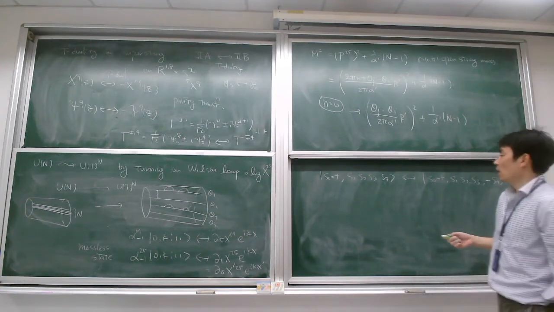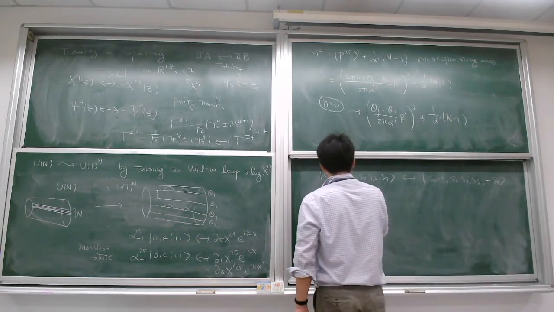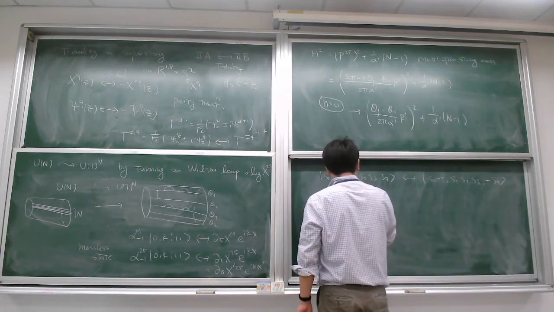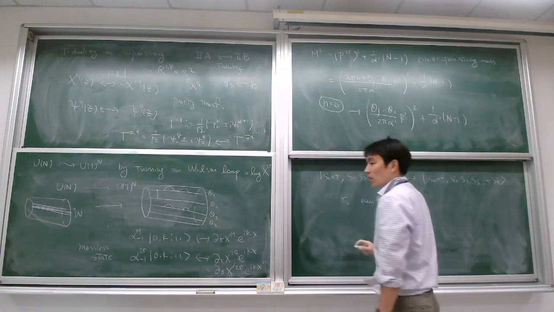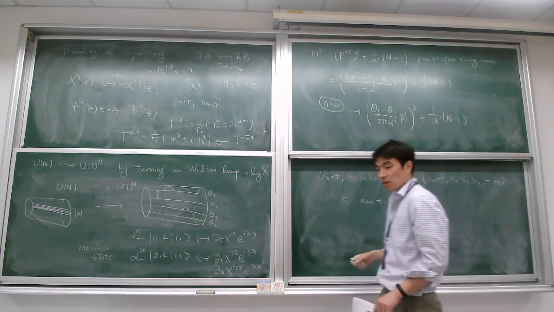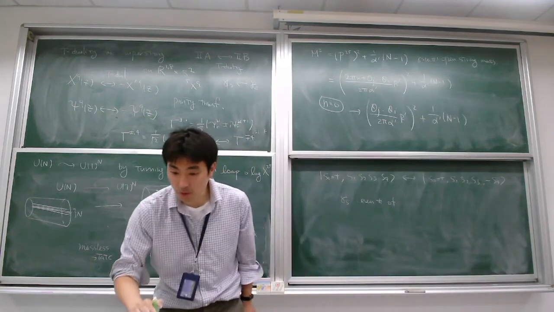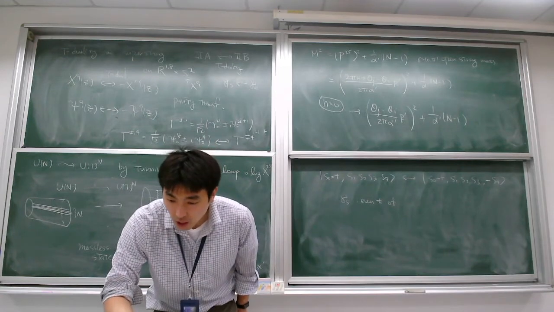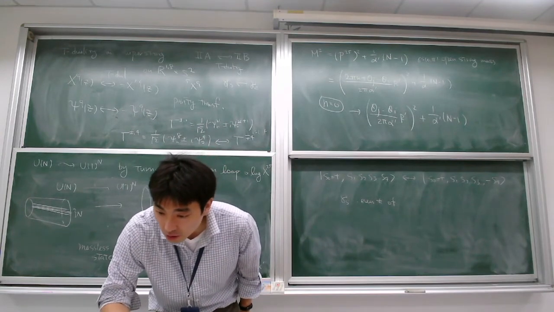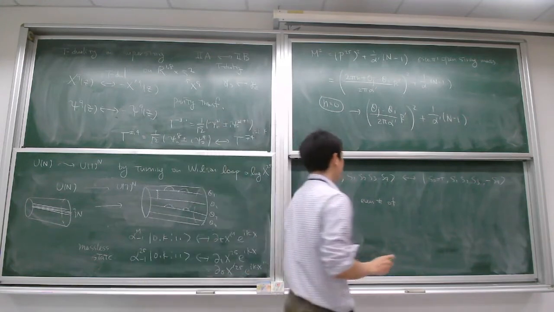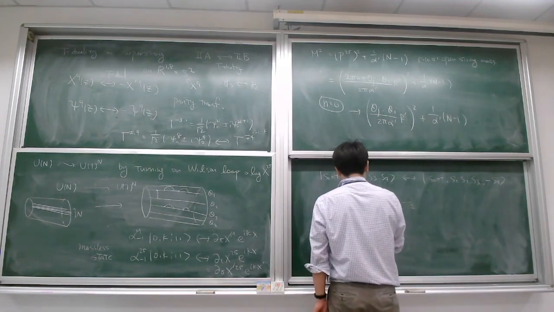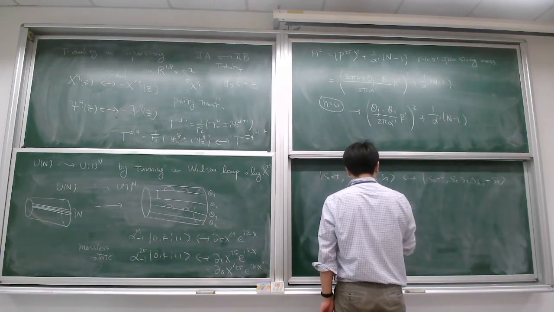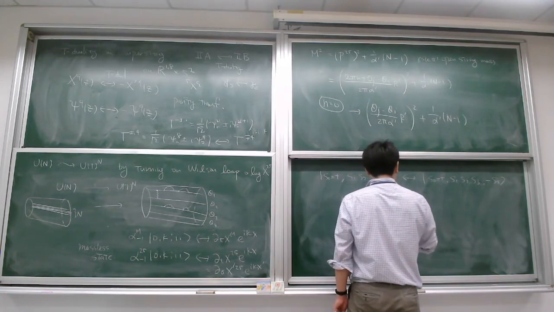So 8S corresponds to an even number of down spins. How did I define it, plus or minus? I don't remember which one it is. Minus 1/2, and 8C is an odd number of minus 1/2.